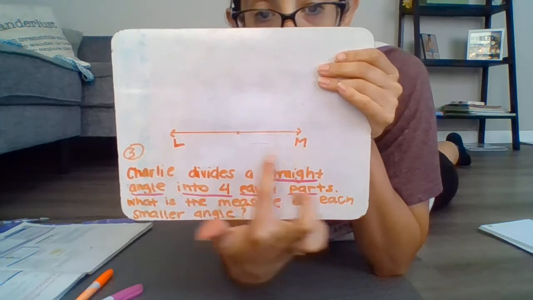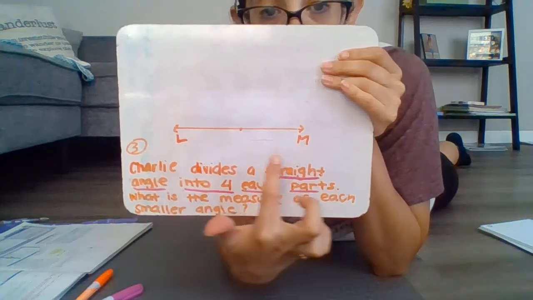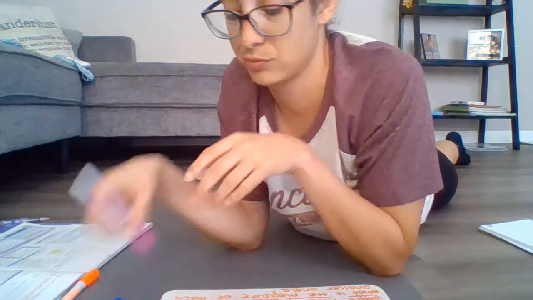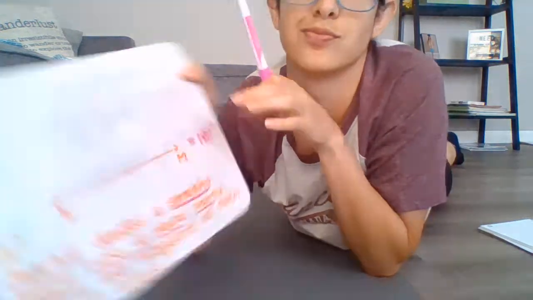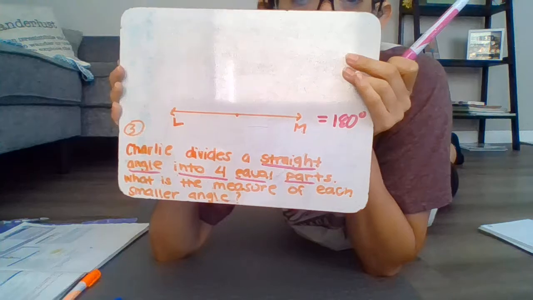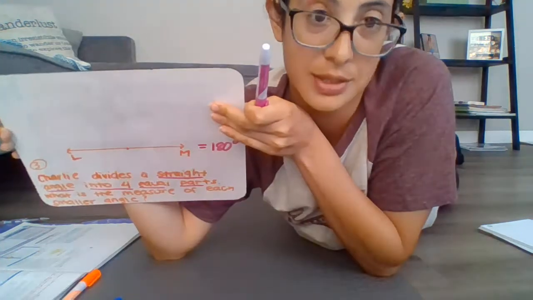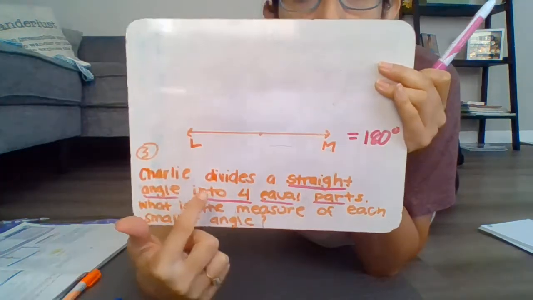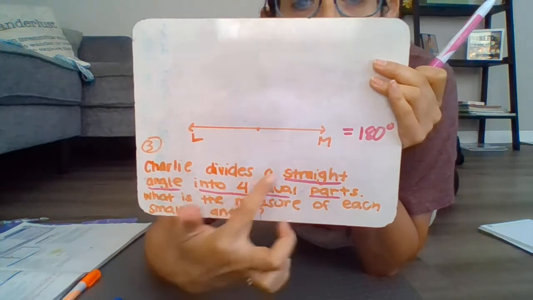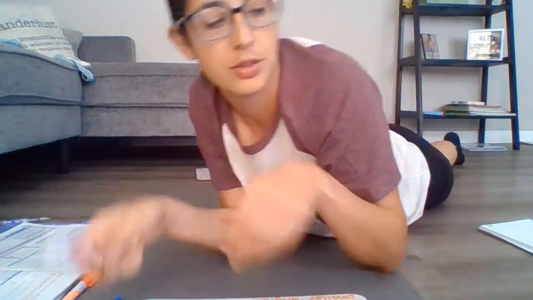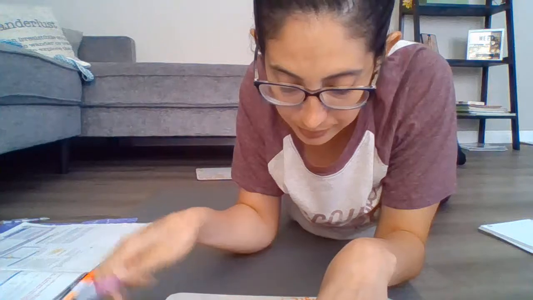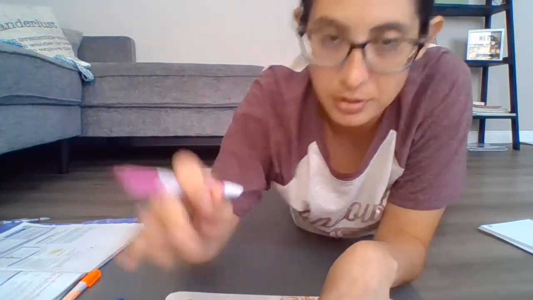What do I know about straight angles? Equal 180 degrees, right? Yes. And then I know that Charlie divided this straight angle into 4 equal parts. So you don't have to draw a picture, but it helps, okay? Don't be lazy.